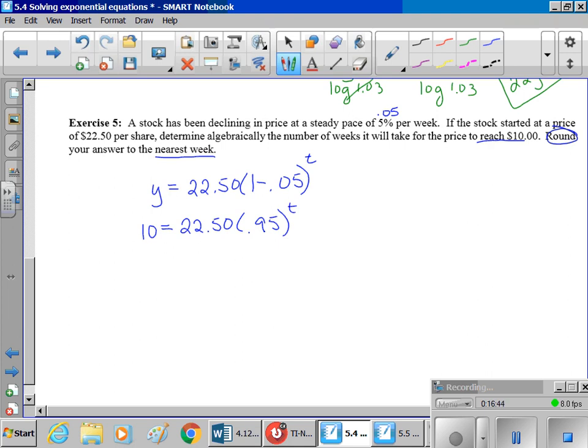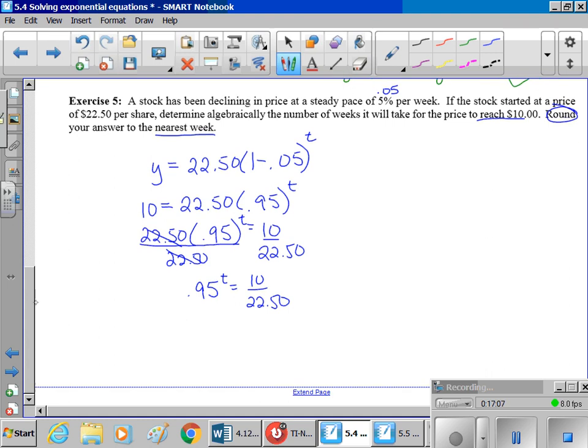So again, you know me, 22.50 times 0.95 raised to the t equals 10. Divide both sides by 22.50. 0.95 to the t is equal to 10 over 22.50, and log both sides.